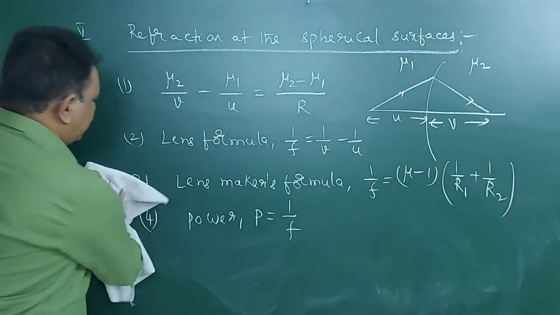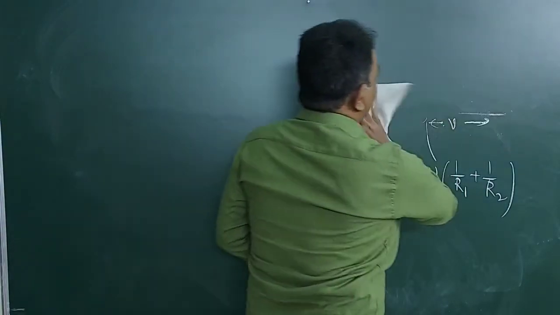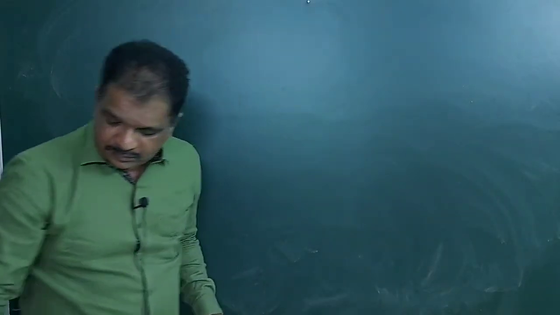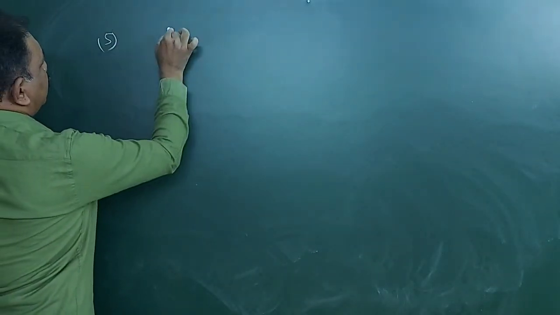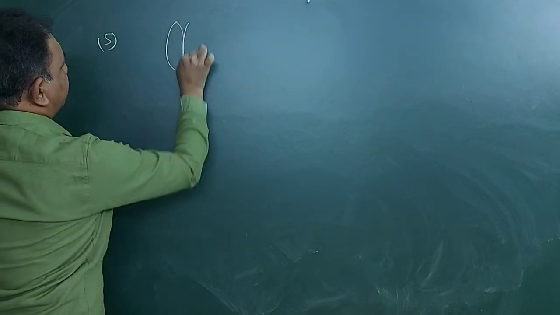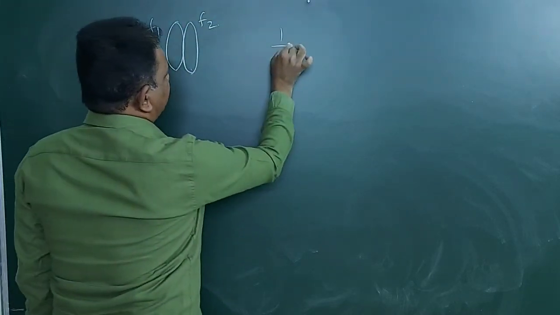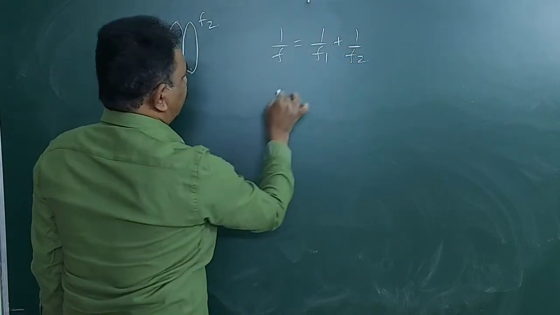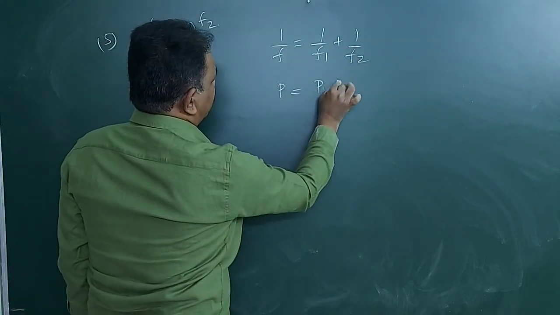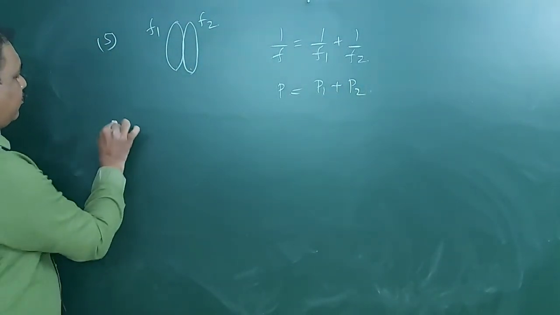Next. If two lenses are kept in contact having focal lengths f1 and f2, equivalent focal length will be 1 by f is 1 by f1 plus 1 by f2. Equivalent power will be P1 plus P2.